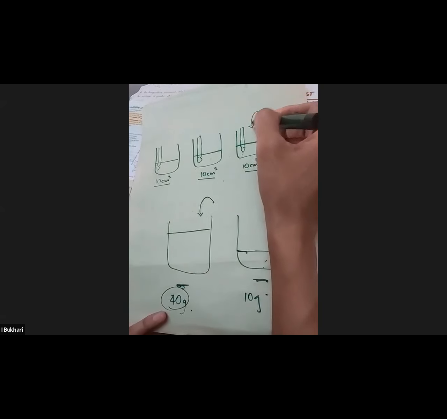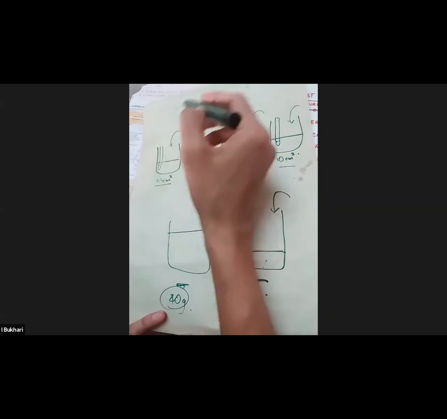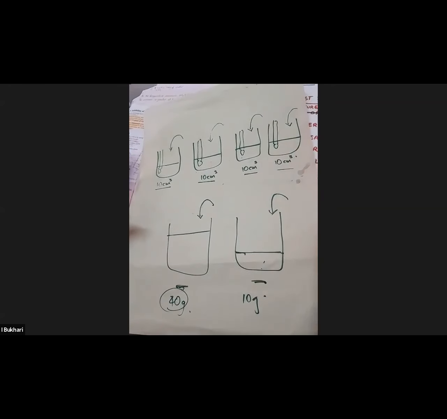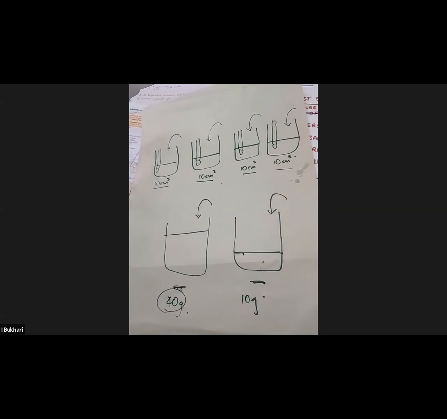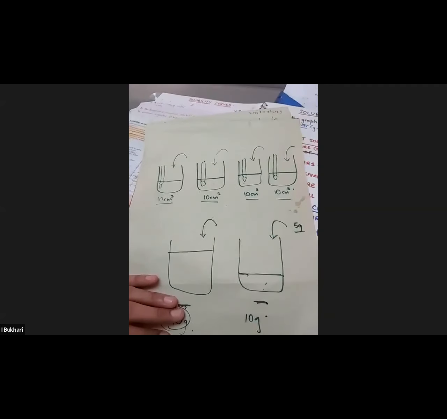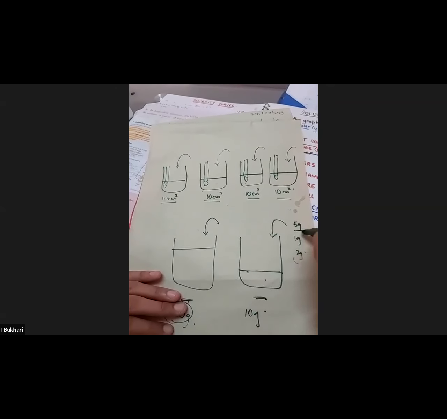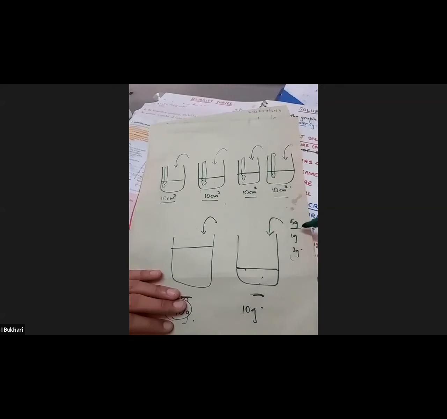Now we will start adding salt in a specific sequence. For example, you should already know what the solubility is. You can start by adding 5 grams at a time, or maybe 1 gram or 2 grams, but whatever value you choose, you keep it constant.